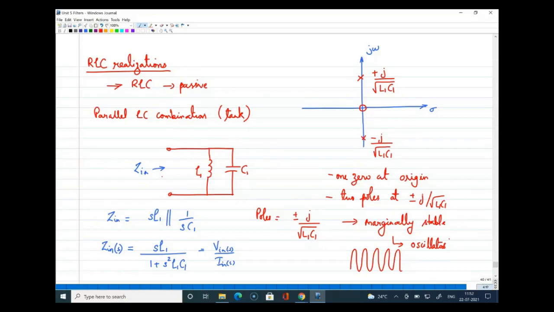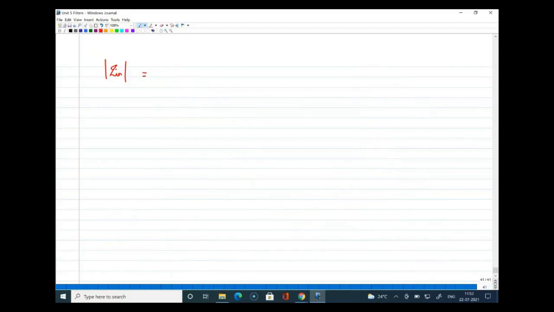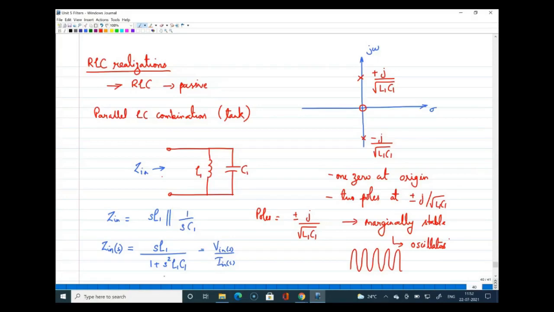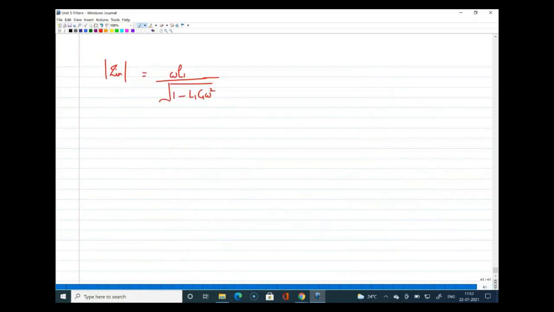So the magnitude will be, from the transfer function, omega times L1 divided by root of 1 minus L1 C1 omega square. How will you get this? You have the equation here. From this you can find the magnitude of this transfer function, and if you write the magnitude, you will get this expression.